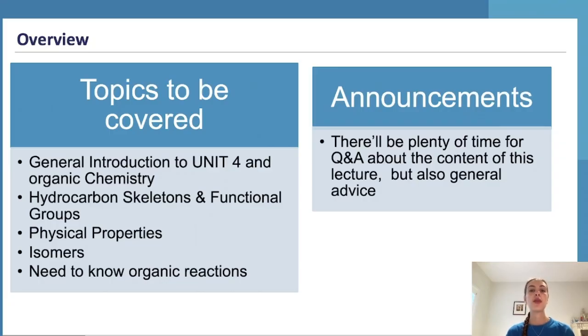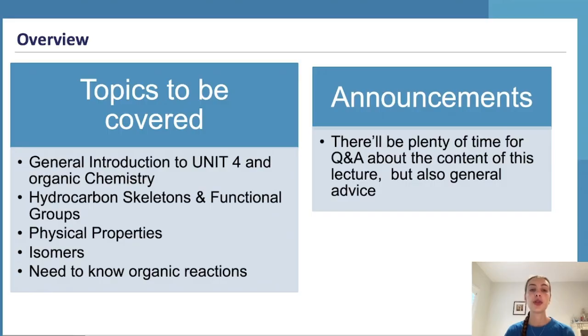So just a bit of an overview of what we're going to cover today. We're going to start off with covering some topics mainly to do with Unit 4. So we'll start off with just a general introduction to the Unit 4 content and organic chemistry.